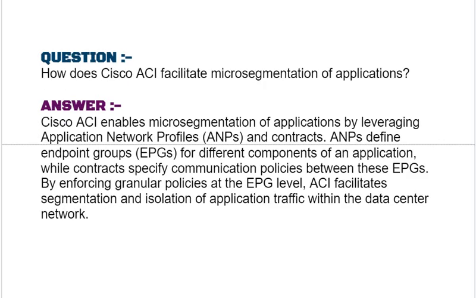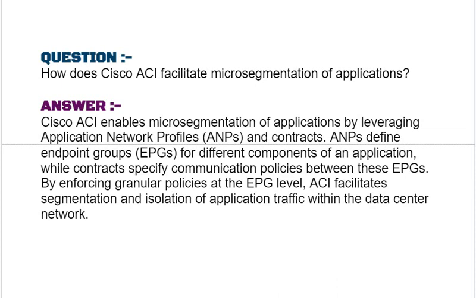Our next interview question is, how does Cisco ACI facilitate microsegmentation of applications? Your answer should be Cisco ACI enables microsegmentation of applications by leveraging application network profiles, ANPs, and contracts.